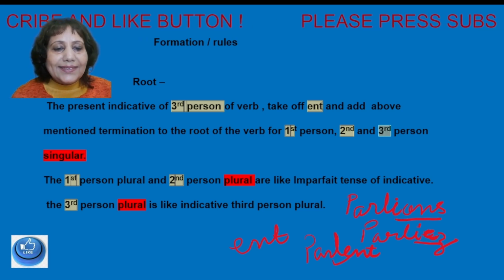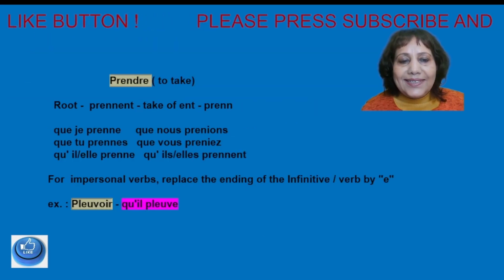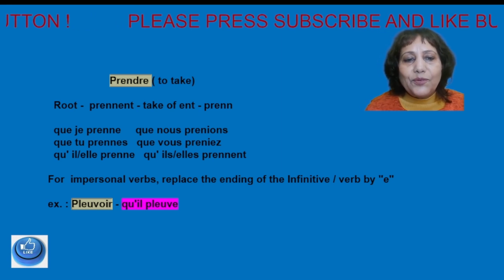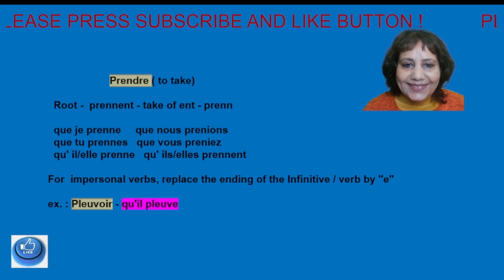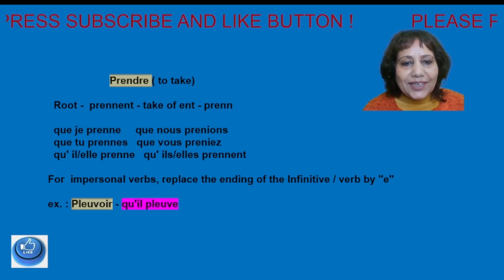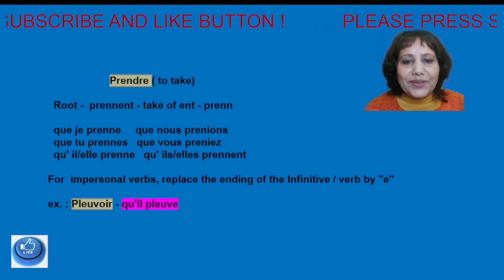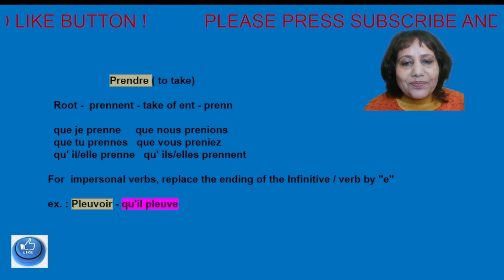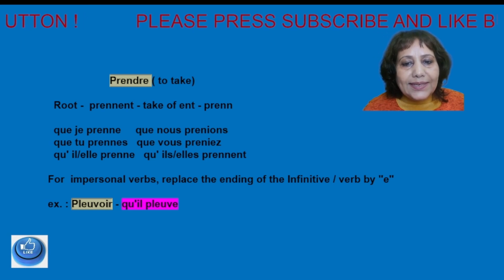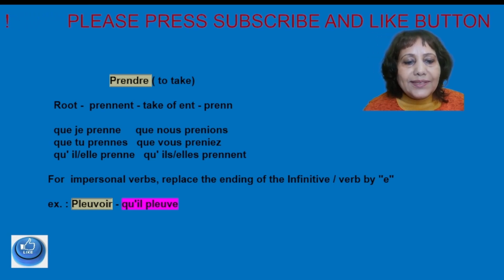All right. So friends, here I have taken one verb for you, that is prendre, to take. The root, third person plural is prennent. What is it? Prennent. It is irregular. Take off ent, we will take off ent.